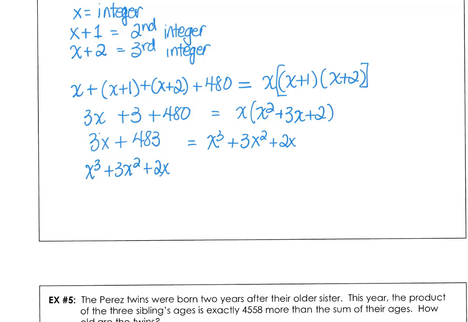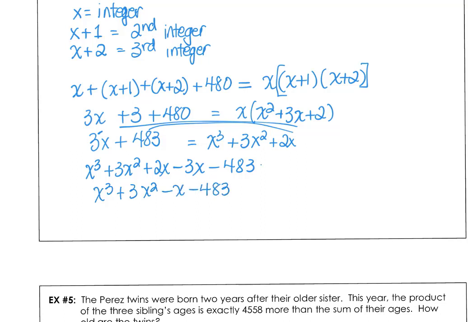And then if I subtract 3x from this, and subtract 483 to keep it all on one side, everything is collected on one side of the equation. And what do we got? Collecting like terms, that looks like x cubed plus 3x squared minus x minus 483.